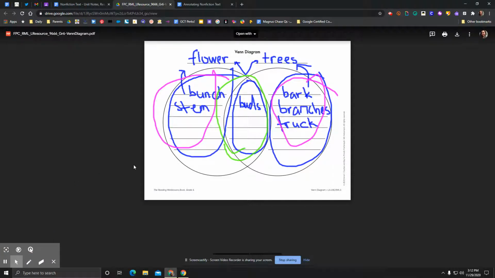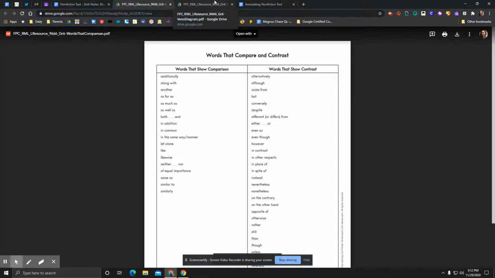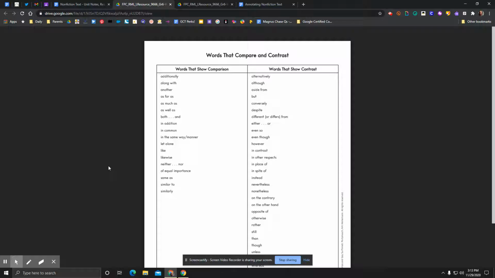Now, you can also, as a writer, use words that compare and contrast, and that is another clue that could tell you when a text is a compare or contrast text, or if the author is organizing the information in that specific way.